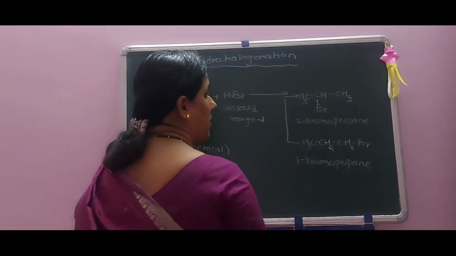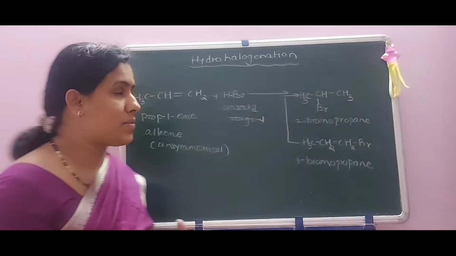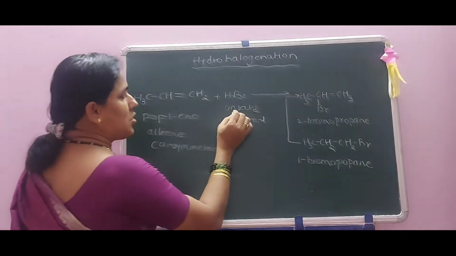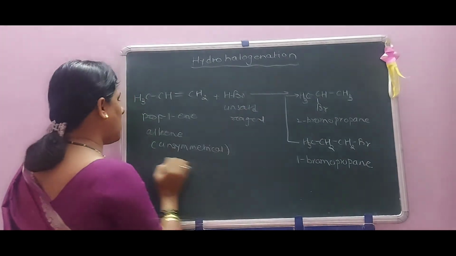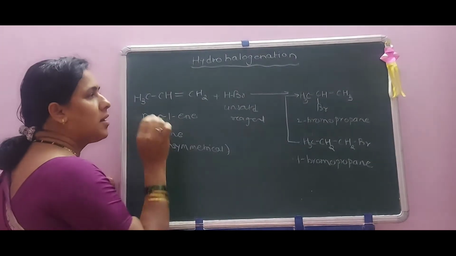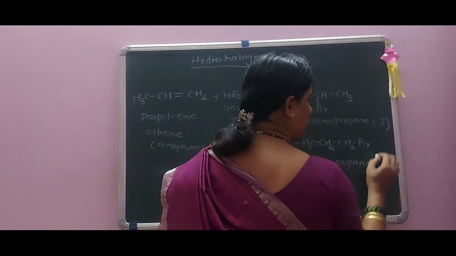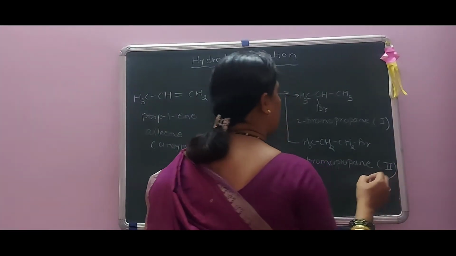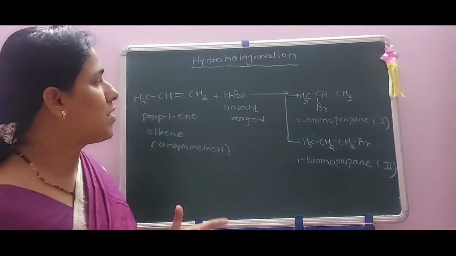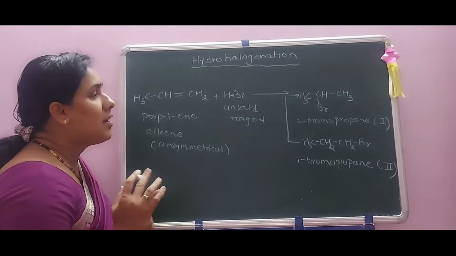Now the question arises: when an unsymmetrical reagent adds across the carbon-carbon double bond, which product is the correct one, the first or the second?